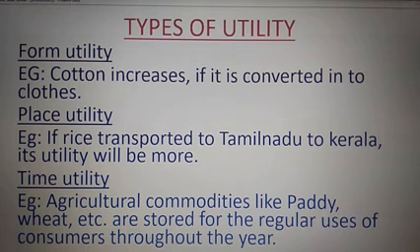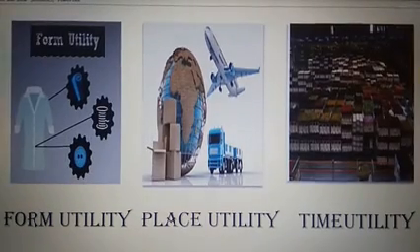See, look at the picture. First one, form utility. When a tailor converts cloth into a garment, that is form utility. Next, place utility. Transportation of coal from the mine to the industry, wherever the coal is needed.